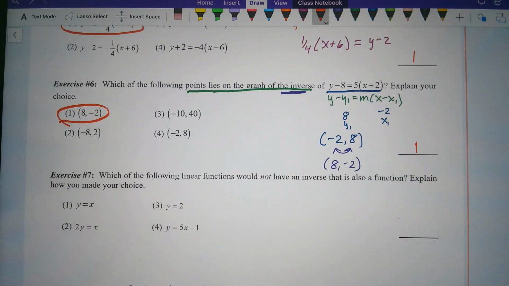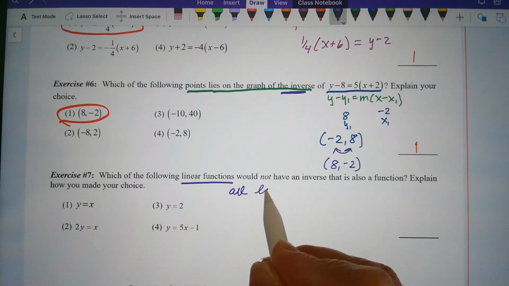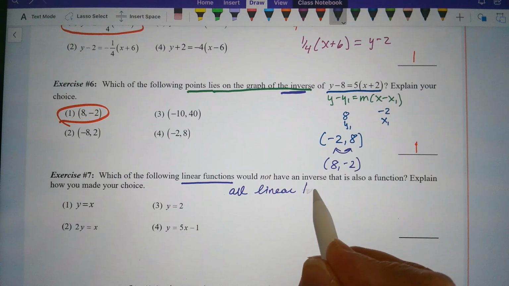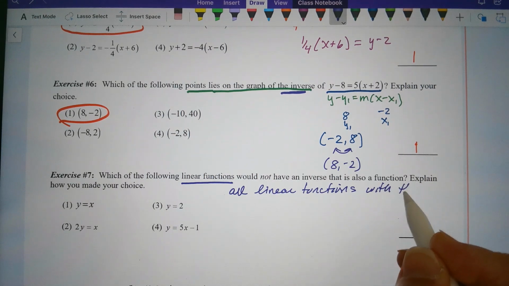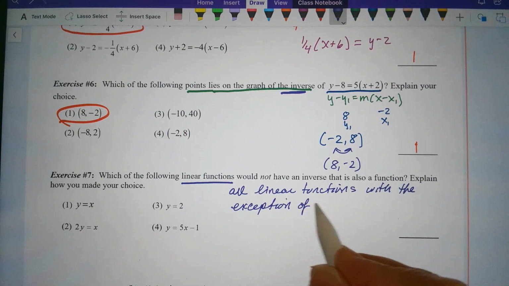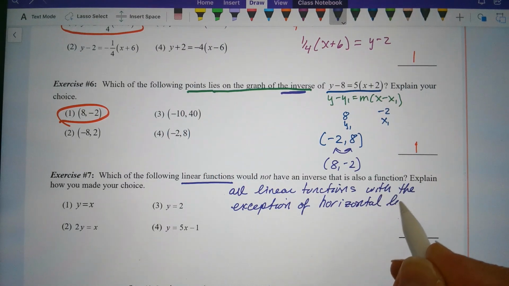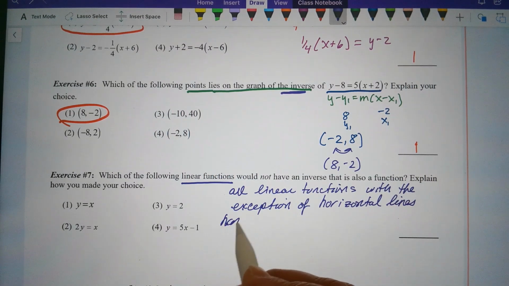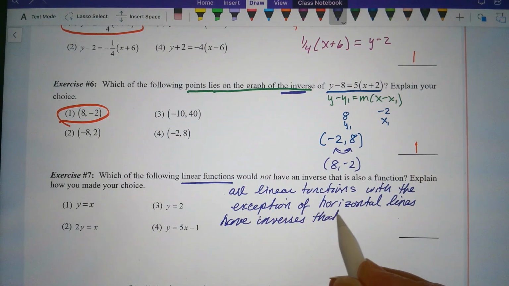And number 7, which of the following linear functions would not have an inverse that is also a function? Well, if these are all linear functions, with the exception of horizontal lines, they have inverses that are also functions.